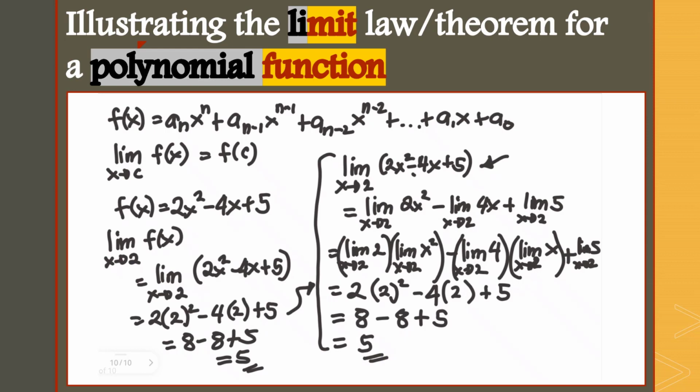As you can see, this limit theorem for polynomial function is shorter because you're already accepting the direct substitution of the constant c on our given function, which is equal to the limit itself. We could also use the previous limit theorems if we would like to, but it's just a lengthier one. So this is how we illustrate the idea of the limit for a polynomial function. Simply substitute immediately, no need for other limit theorems.